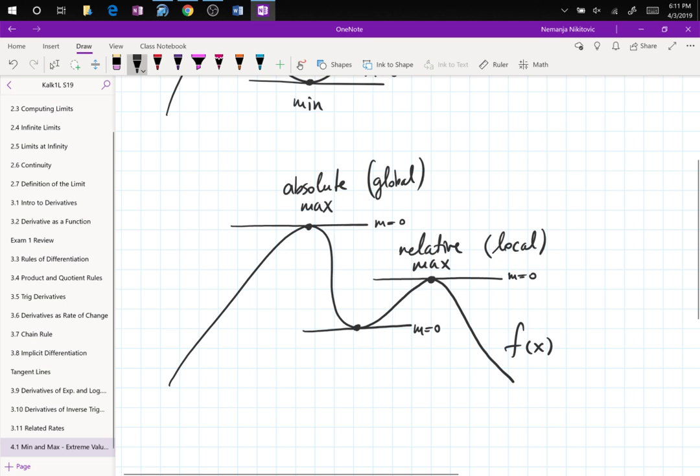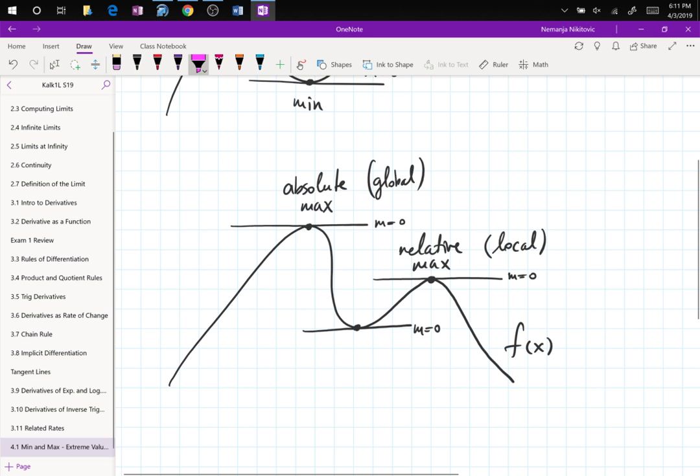Please observe that for absolute maximum, there are no points on the curve that are higher than the y value of absolute max. The y value of absolute max is the highest point of the function over the entire domain. So that's the absolute max. Why is the other one relative max? Well, easier to understand, local max. The other max is the boss in its surroundings, right there.